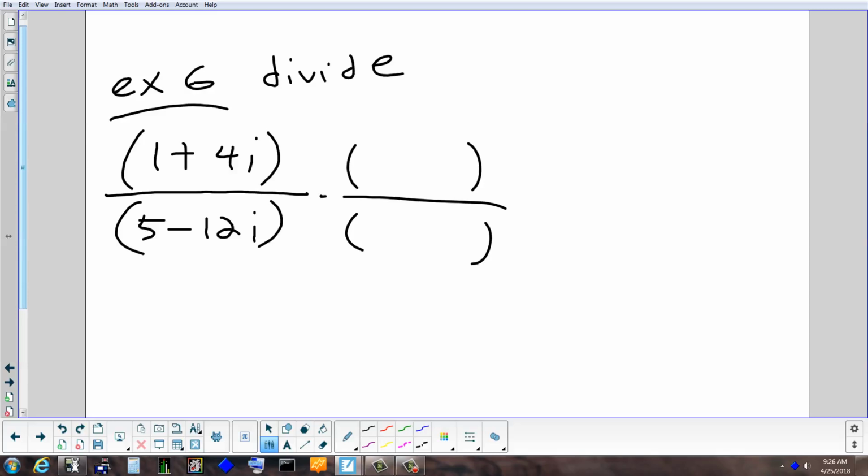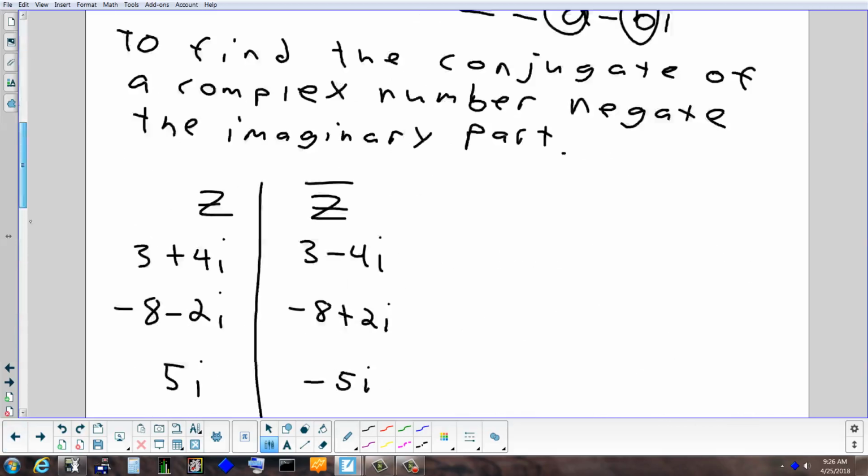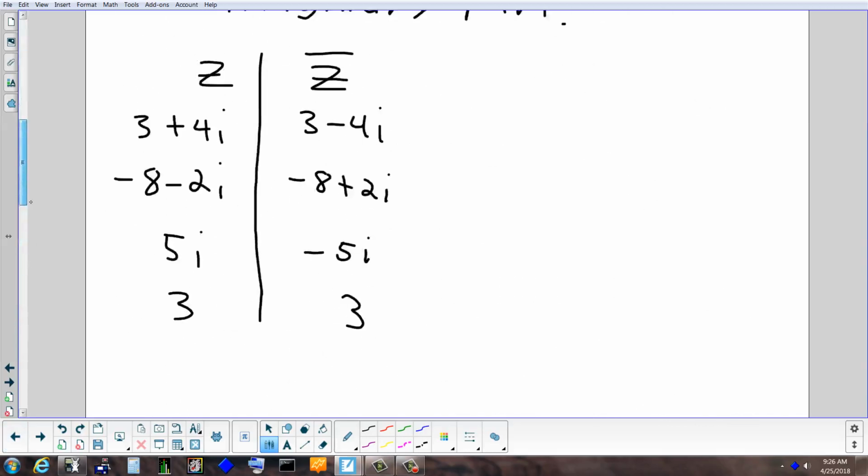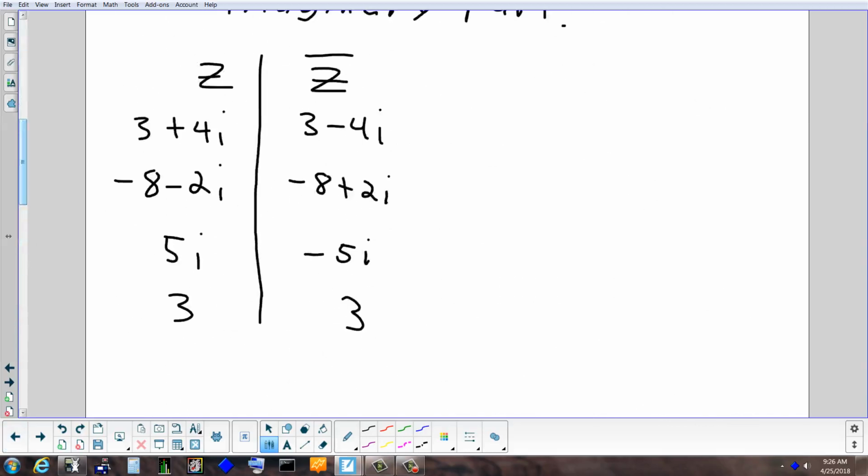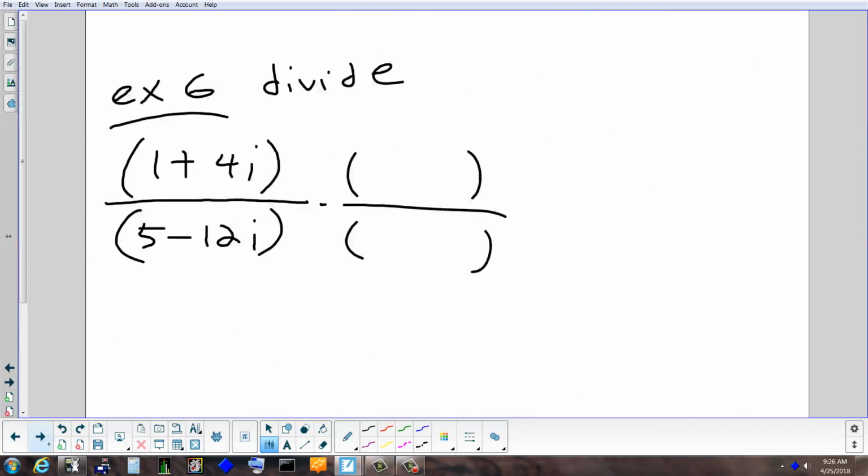Don't tell me what it is, just tell me how I get it. Like what we did when we were finding conjugates, when we did this chart. How do you find a conjugate? You change the sign of the imaginary number. Exactly. All you have to do is change the sign of the imaginary number and then write it down. Okay? So Nathan, if I do that here, could you tell me what the conjugate of the bottom would be now?